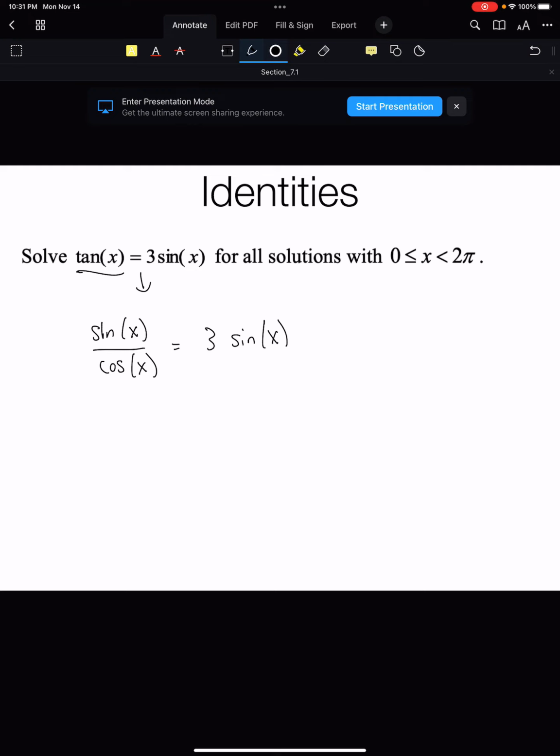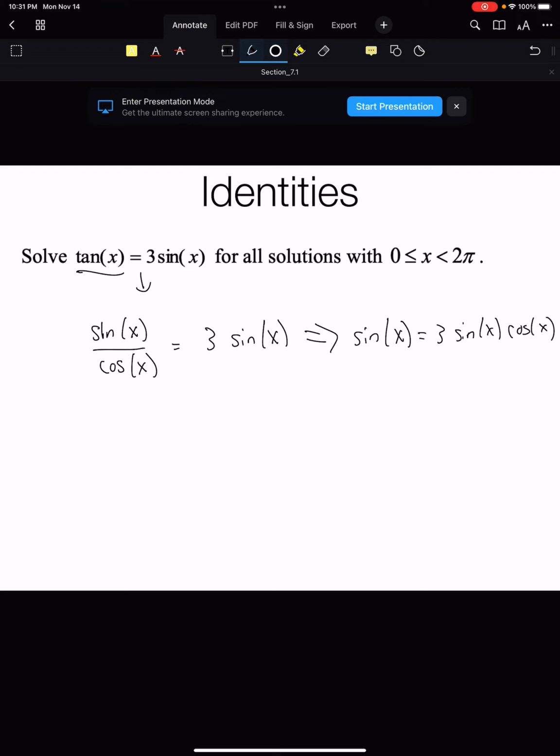And then instead of having a quotient on the left-hand side, we can multiply both sides by cosine to get that the sine of x is equal to 3 times sine times cosine.